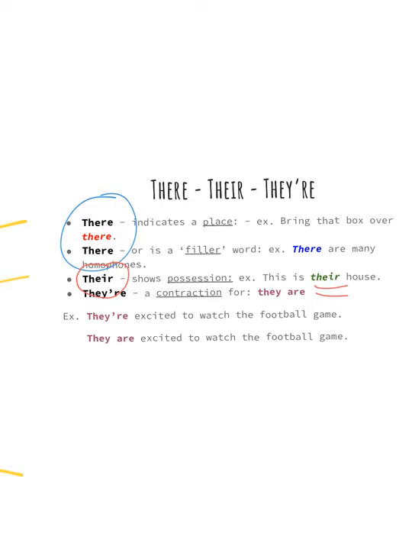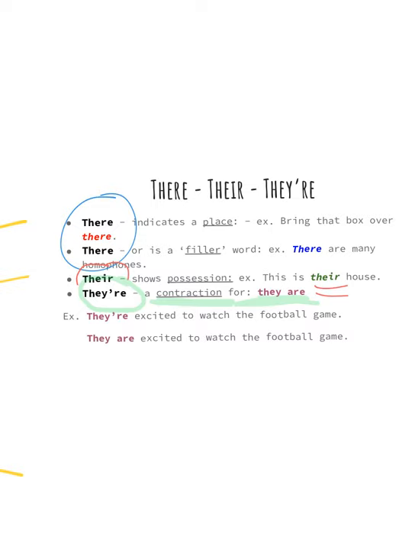And then our third and final use of there, and it's probably the least common, but still it's one that we need to know about, and that is the T-H-E-Y apostrophe R-E. And this spelling and usage of there is a contraction, and it's a contraction for they are.